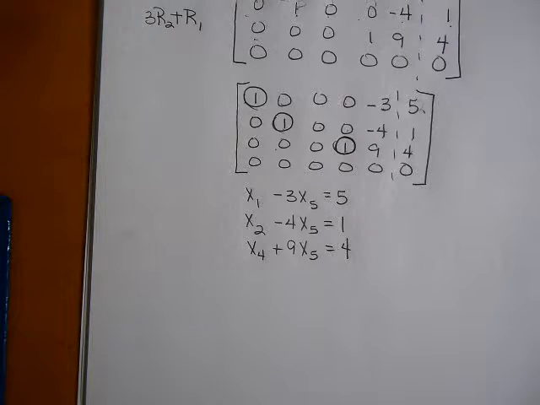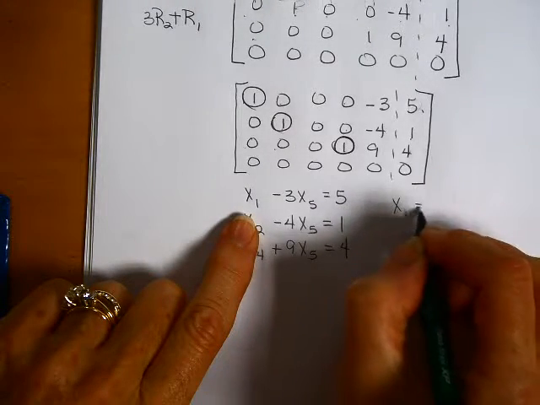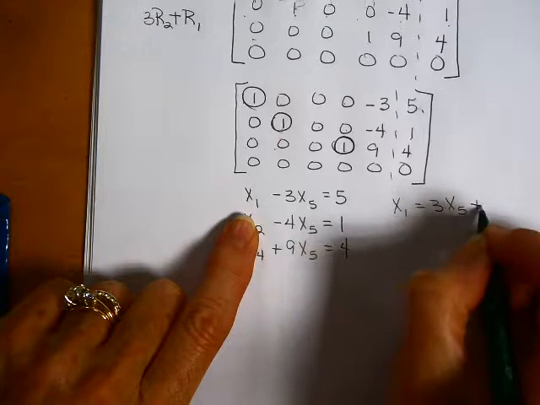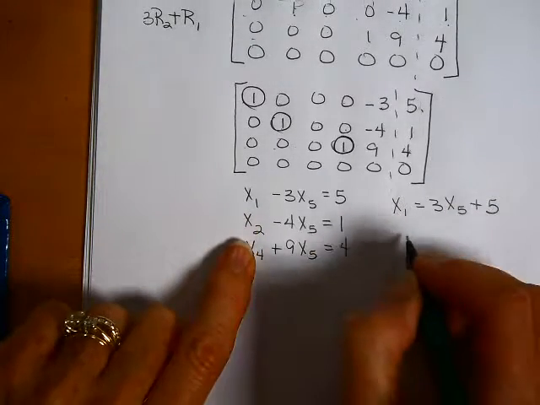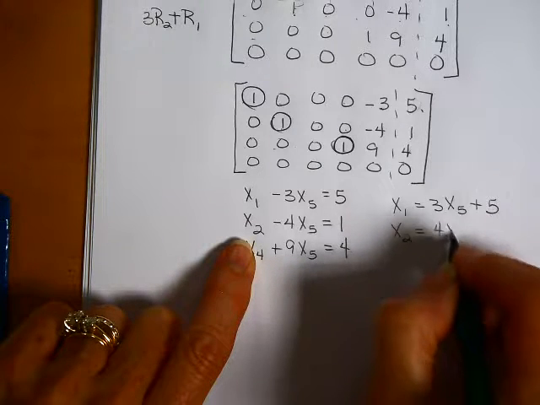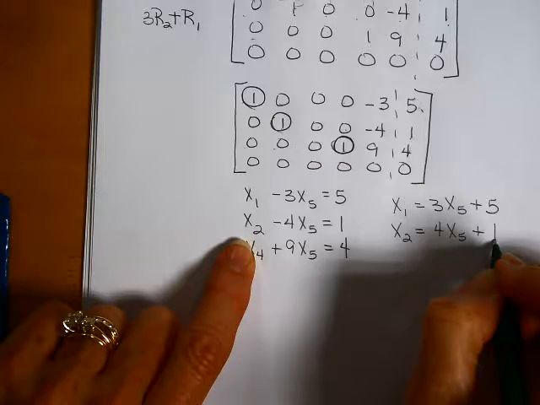Okay, I've got 3 basic variables. So I solve for those 3 things. Everything else will be free. So x1 is 3x5 plus 5. x2 is 4x5 plus 1.